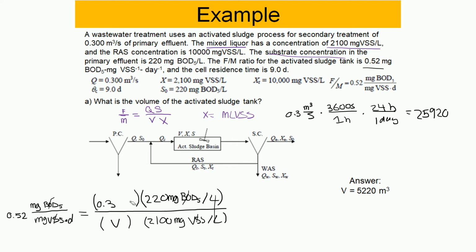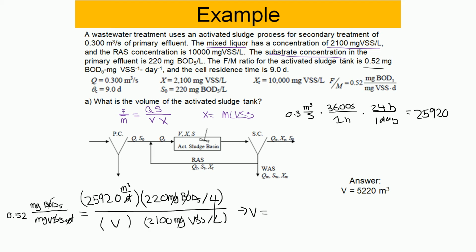If we replace that, everything's in days now, so this day and this day will cancel. Now everything cancels out. Great. We're just left with cubic meters, and that's what we're looking for. And this cancels with that too. So now we just have to get V by itself and solve for V.